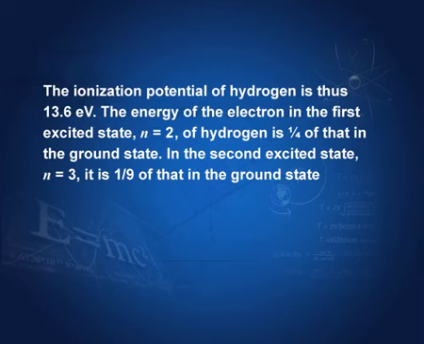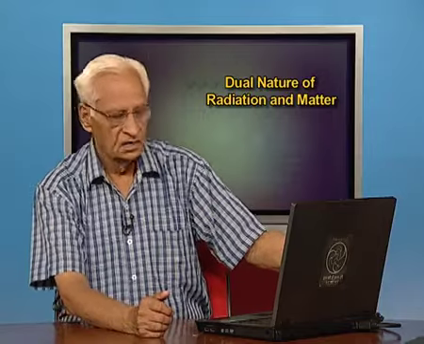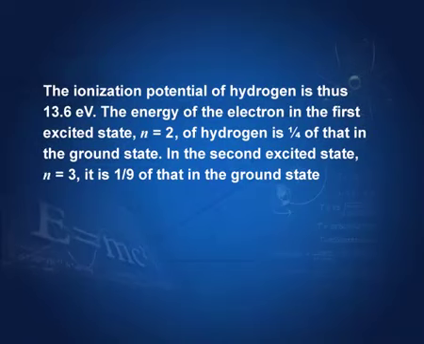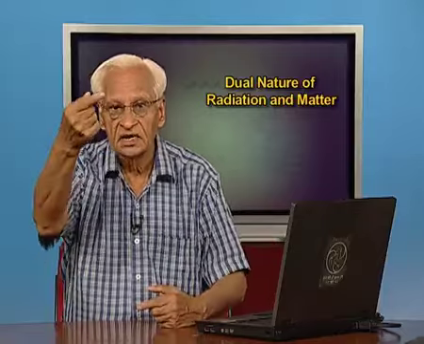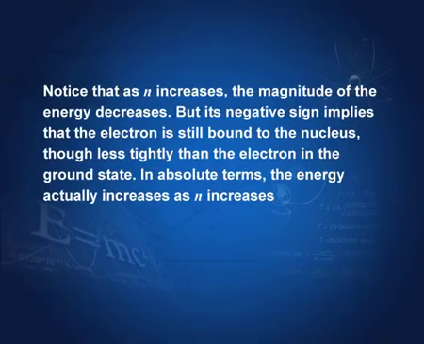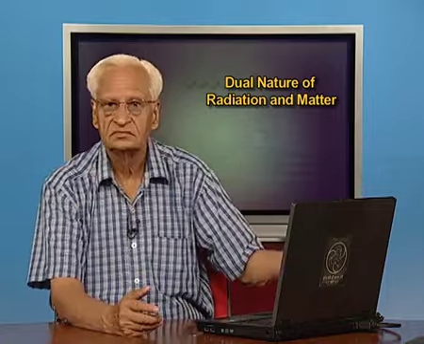That means, as we go to higher states, the energy changes by a factor of 1 by n squared. So, the energy in the second orbit, n equal to 2, is 1/4 of this, and in the third orbit from the nucleus, the energy would be 1/9 of this. Now, notice that as n increases, the magnitude of the energy is decreasing.